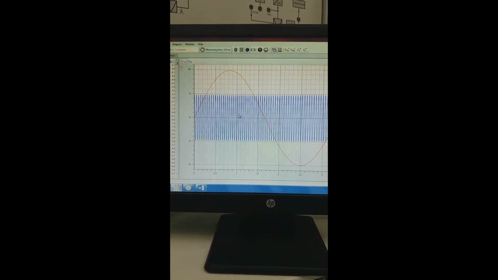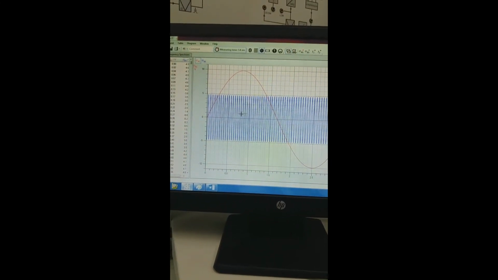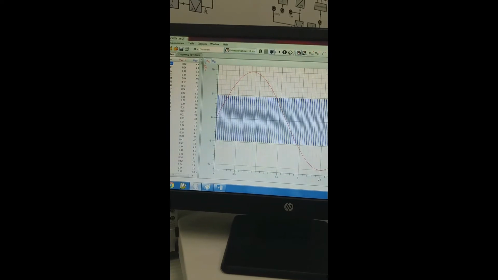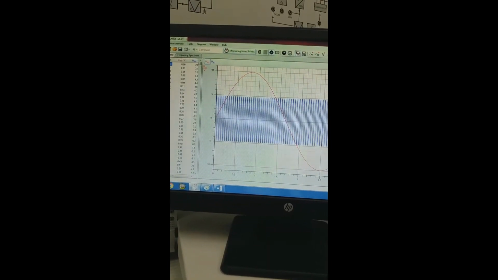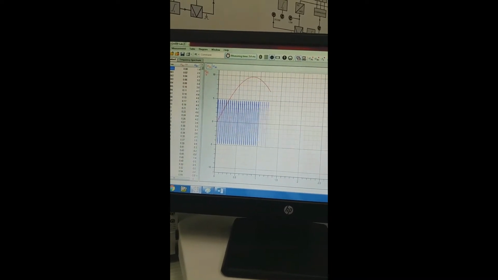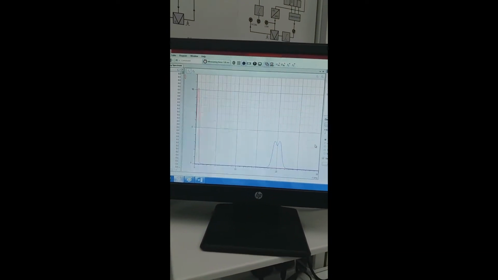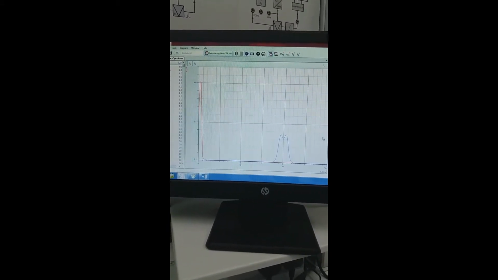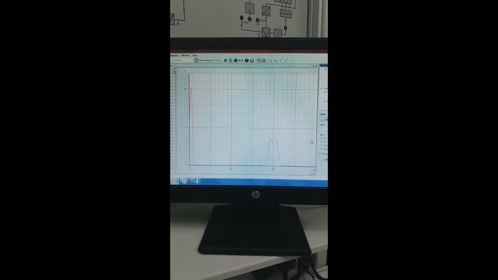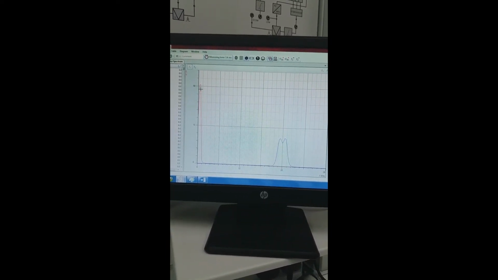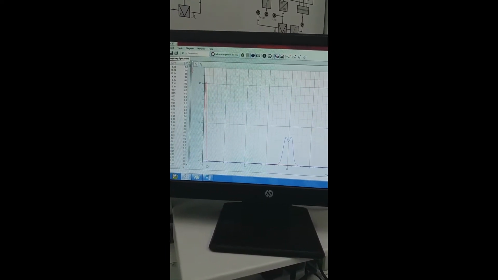Now, this is the time domain plot of both the modulating and modulated signal, which is the FM signal. If I click, this is the frequency domain, so these are frequency domain curves of the modulating and modulated signal, right? You can see that the modulating signal, the red curve, is a 300 Hertz signal.